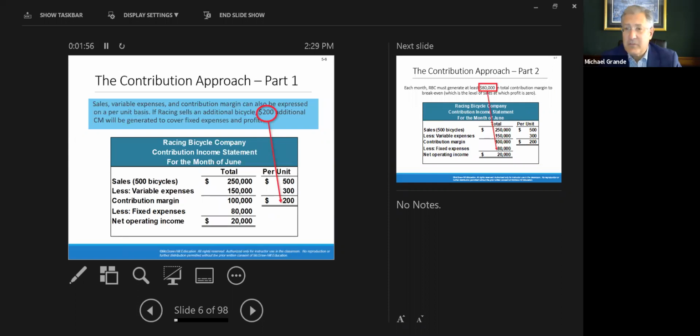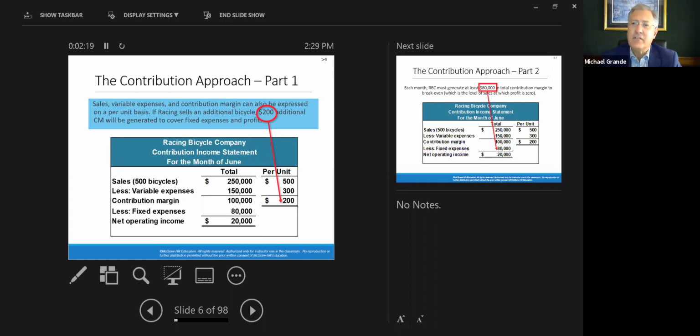Sales, variable expenses, and contribution margin can also be expressed on a per unit basis. And we're going to see it can also be expressed on a percentage basis. So you're going to see it in total dollars, you'll see it on a per unit basis and as a percentage. The sales number is always the 100% amount.